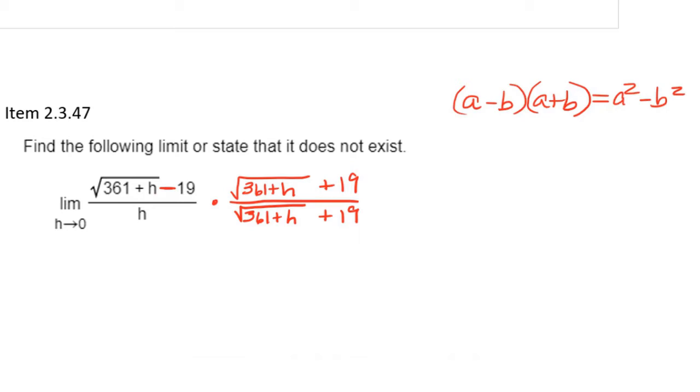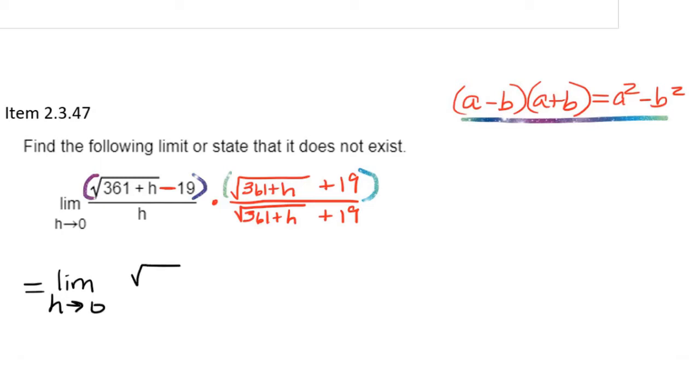Now when we multiply these two numerators together, it's going to fit this pattern. So we're going to get this equal to the limit as h goes to 0 of the square root of 361 plus h, squared, minus 19 squared. That's our a squared minus b squared.